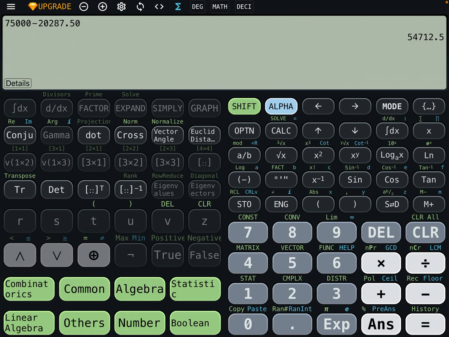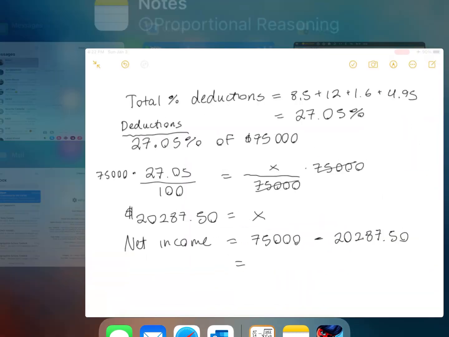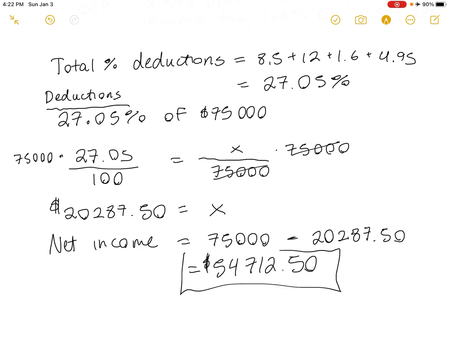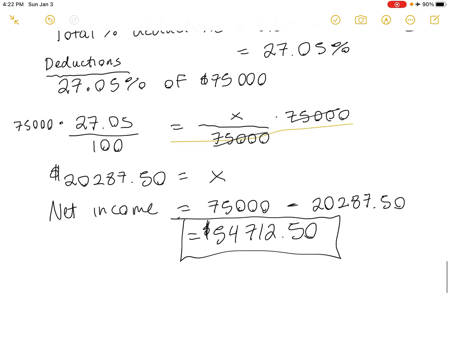And that is $54,712.50. So this total net income is $54,712.50. Okay, so that's what you get to take home at the end of the day.